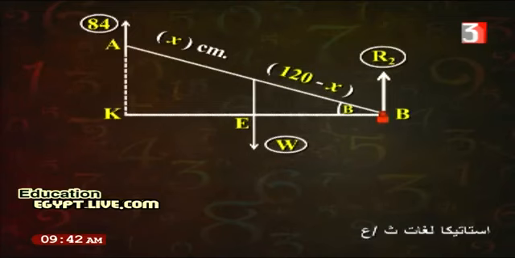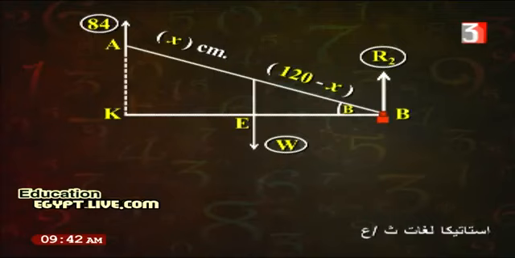The second case, my dear student: the rod is in equilibrium at rest, with B on the ground and A on the vertical wall.